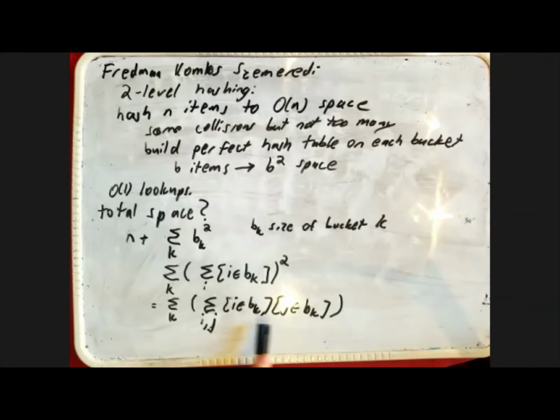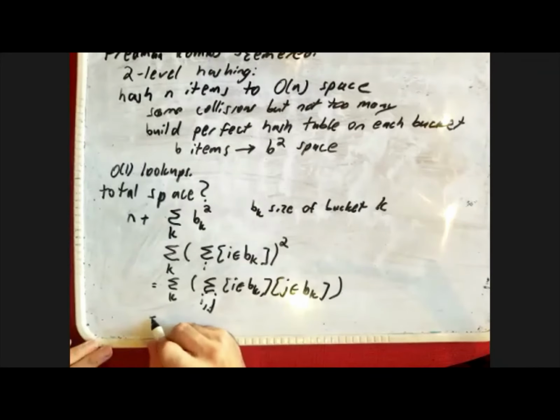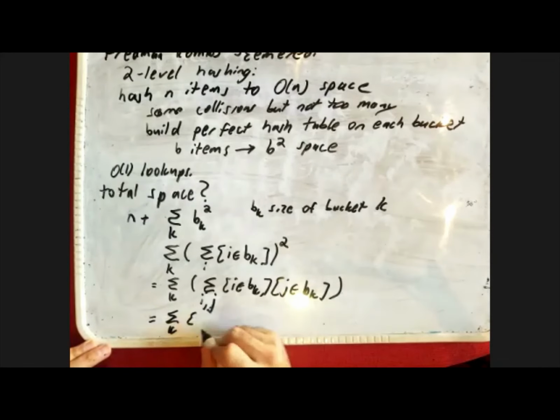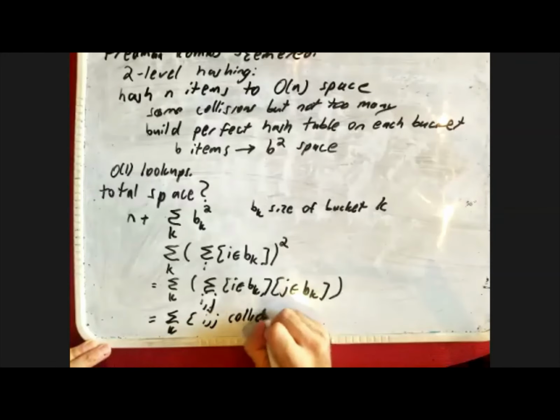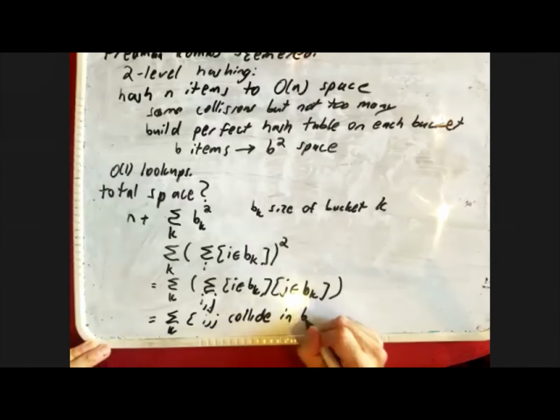This is saying that I and J collide in bucket K. So if I sum over all of the different buckets these indicators for whether I and J collide in that bucket, what am I actually computing?